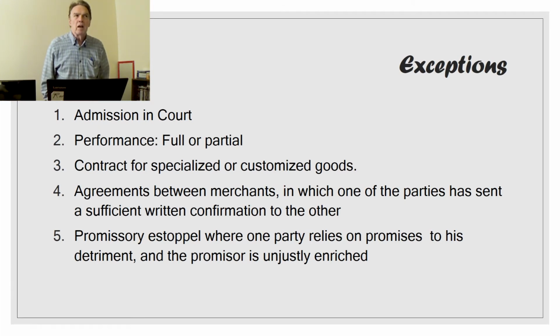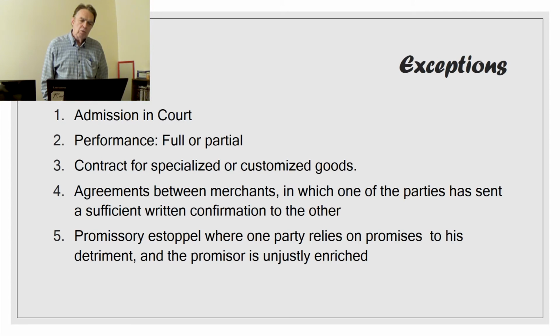On the other hand, the other side would maybe like to claim some kind of exception to the rule. And so we're going to go through the other exceptions. Are there any other exceptions that he might be able to use in this case?